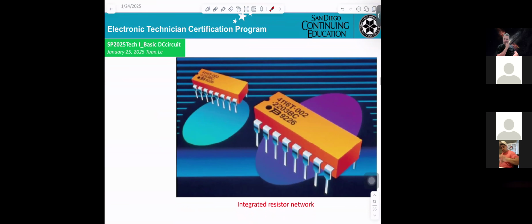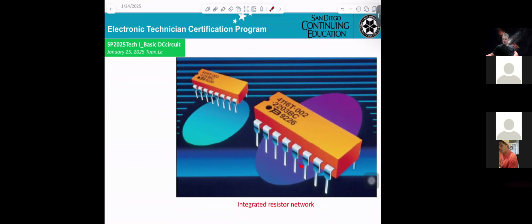And also, this is another one. They show an integrated resistor network. What that means? They get 1, 2, 3, 4, 5, 6, 7, 8. That means both sides they get 16. Okay. So basically they can get 1 resistor, 2 resistor, 3, 4, 5, 6, 7, 8.